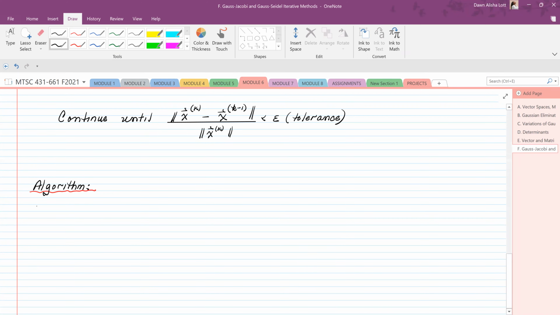So your input is your matrix A. You need to put in your vector b, and then you need to put in your x0, your guess, and your epsilon tolerance.